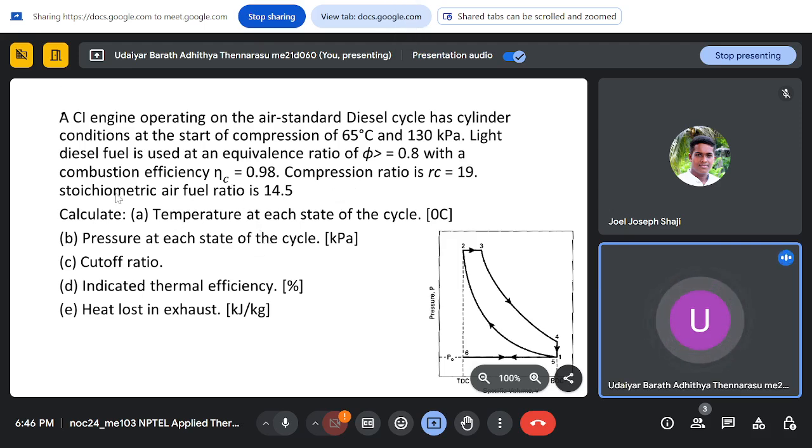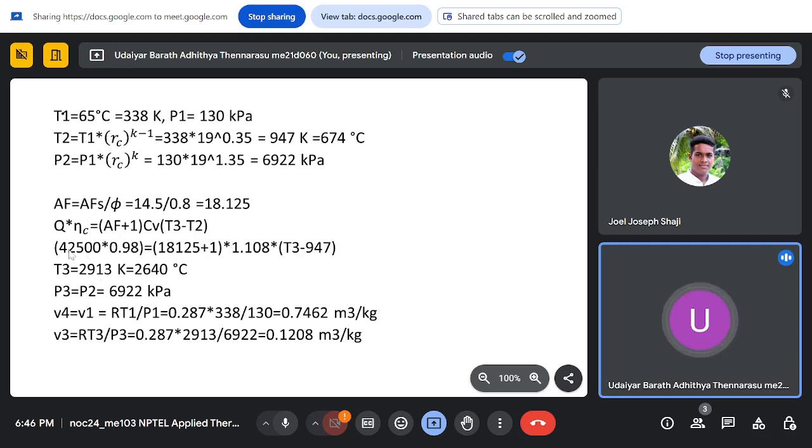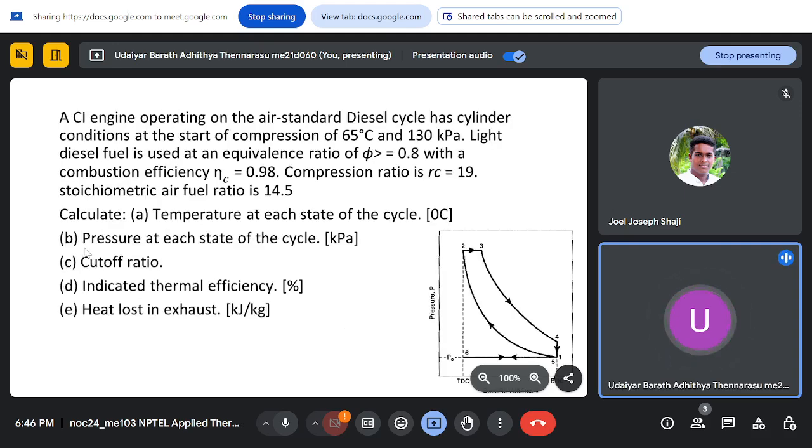They have also given the stoichiometric air fuel ratio as 14.5. So you know the inlet pressure and temperature, you know the combustion efficiency, and the calorific value is also the same, 500 kilojoule per kg, and your compression ratio is given.